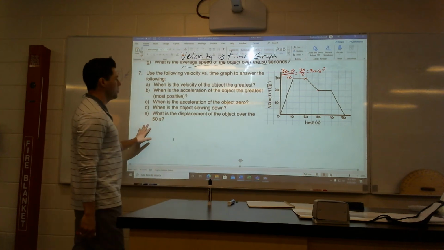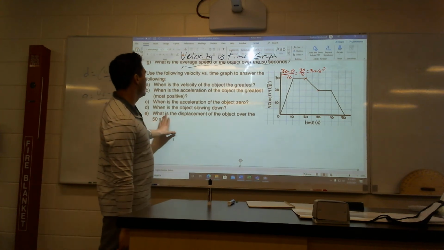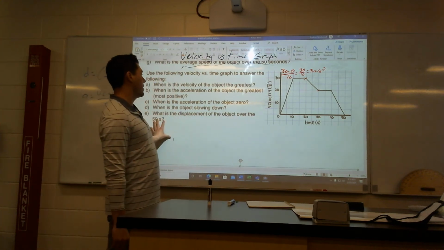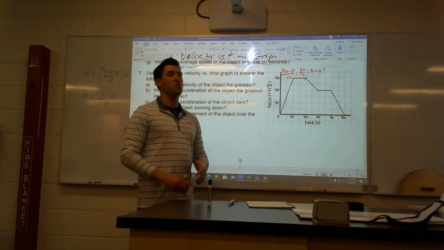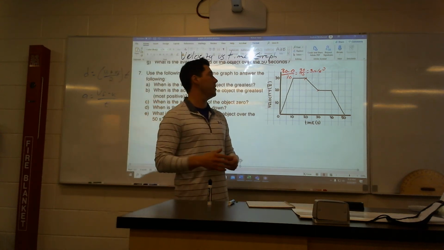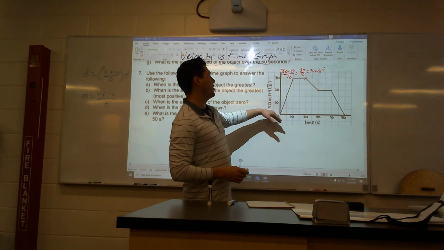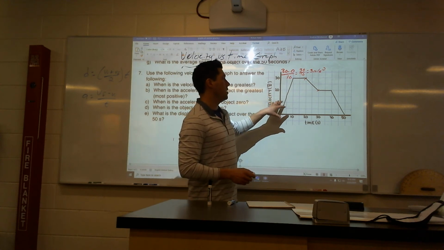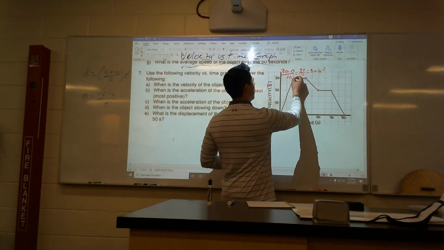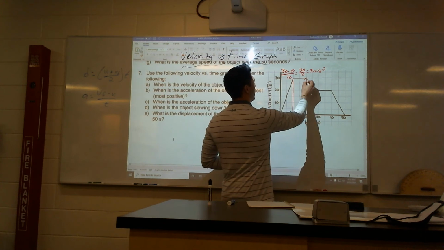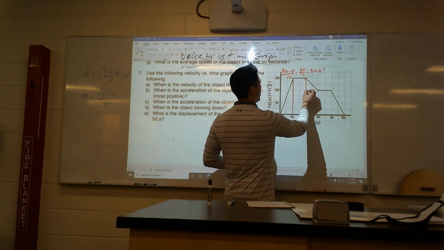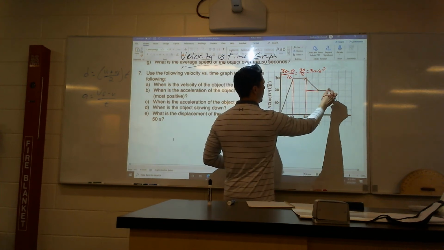Our last thing, which is again the annoying part: what is the displacement over the 50 seconds? This is where you could use one of two ways to get it. Either you break this up into shapes: a triangle and a box, and you have another box right here.